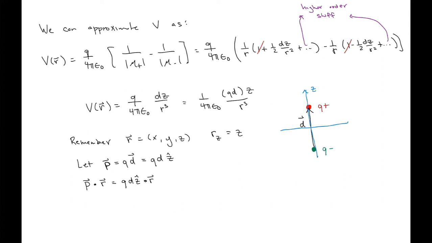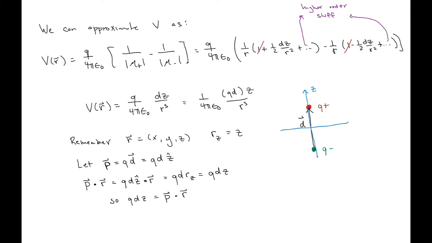The r vector dotted with the z hat vector just results in multiplying by the z component of the r vector, which is z. So that gives me q d z. That tells me that q d z is the same thing as taking the dot product of our dipole moment p and our r vector, because we just get the magnitude of the r vector that happens to be in the z direction, which is z.